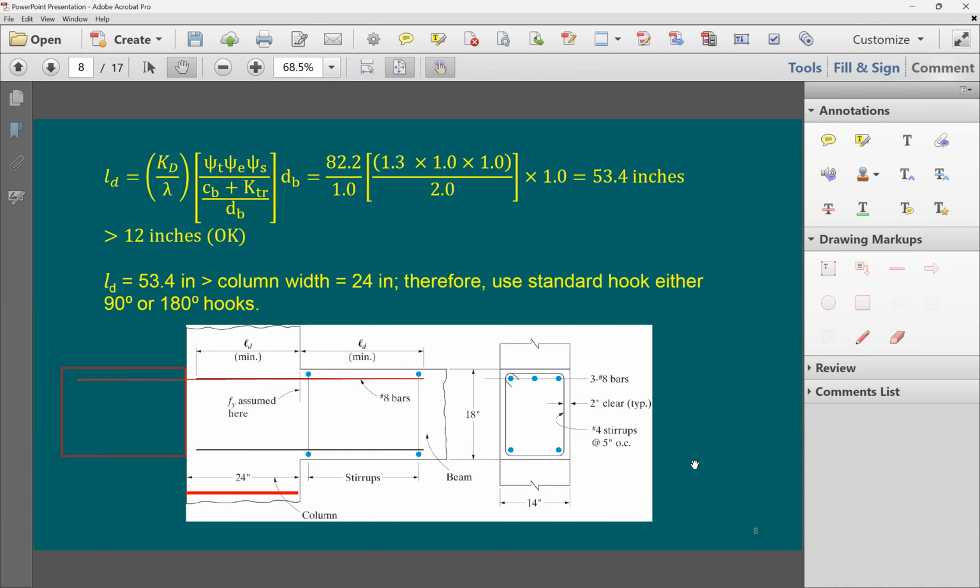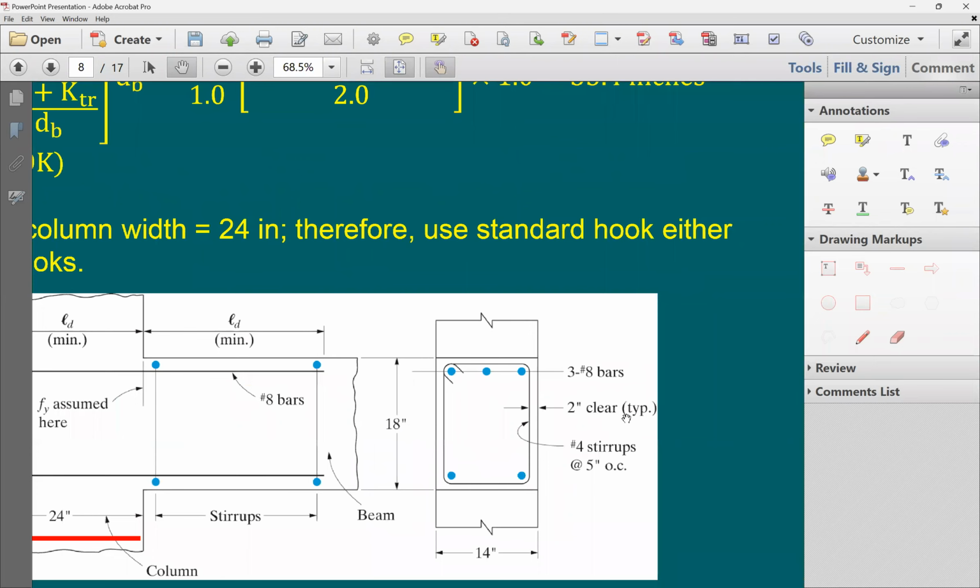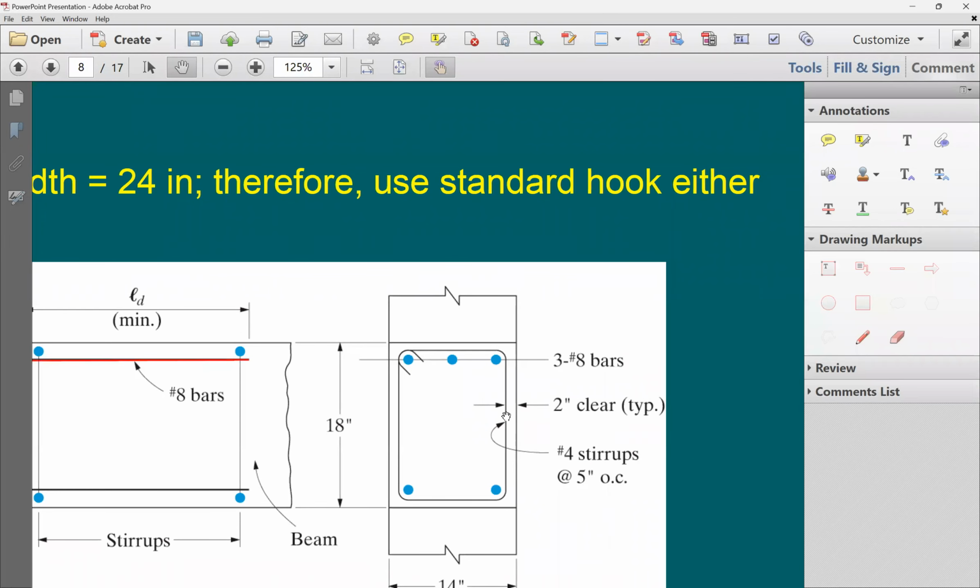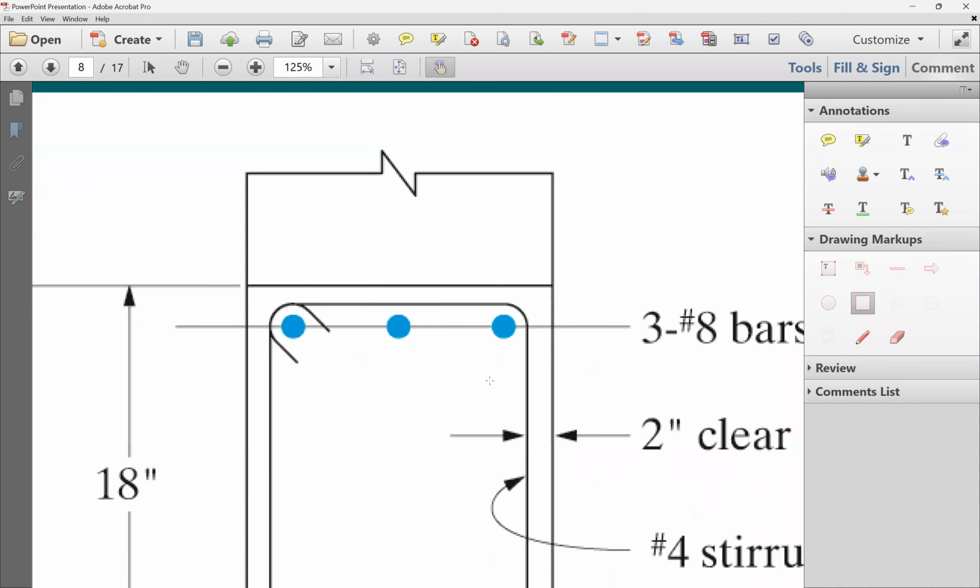I need to study this so we understand what this means by the cover. This cover here is to the tie. It is not the cover to the rebar. But if you look here closely, this is going to be the tie size, 0.5 inch, right?